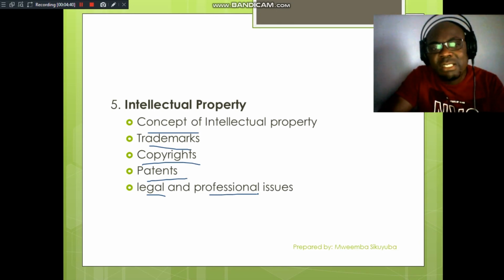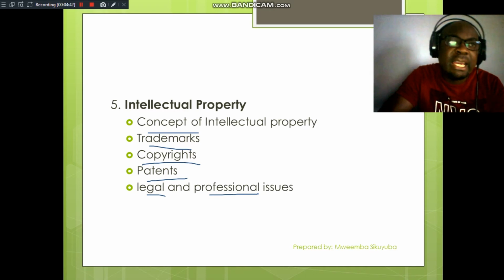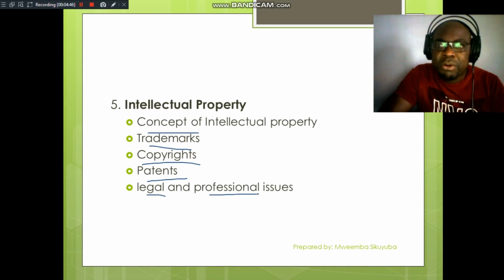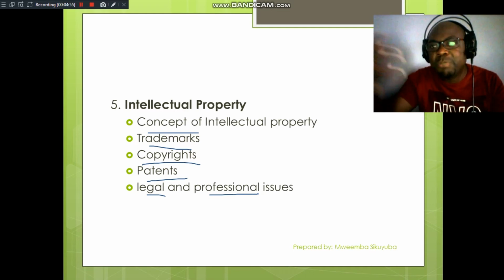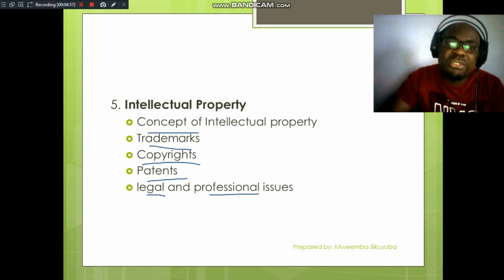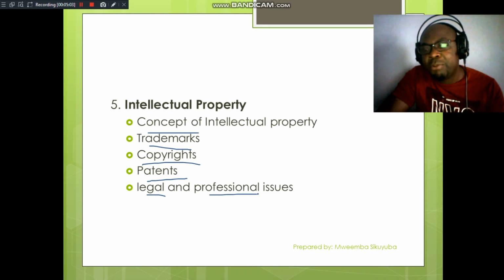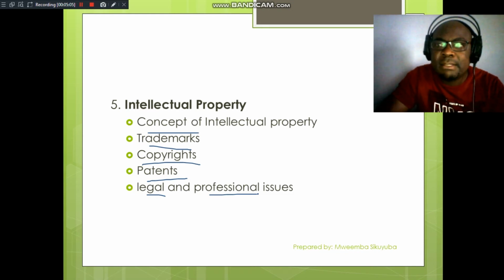This knowledge is key to the study of computer security, because in a situation where we need to give our expert knowledge regarding patents, copyrights and trademarks, we will be able to give proper guidance.